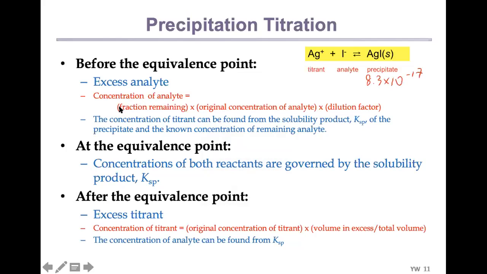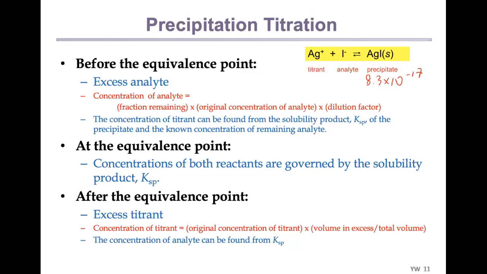For example, in this case, it is a 1-to-1 ratio, right? So for 1 mole of iodide, you will need 1 mole of silver ion. And if I give you the concentration of the analyte, the volume of the solution, and the concentration of the silver ion solution, you should be able to calculate how much silver solution is needed for finishing the titration, right?